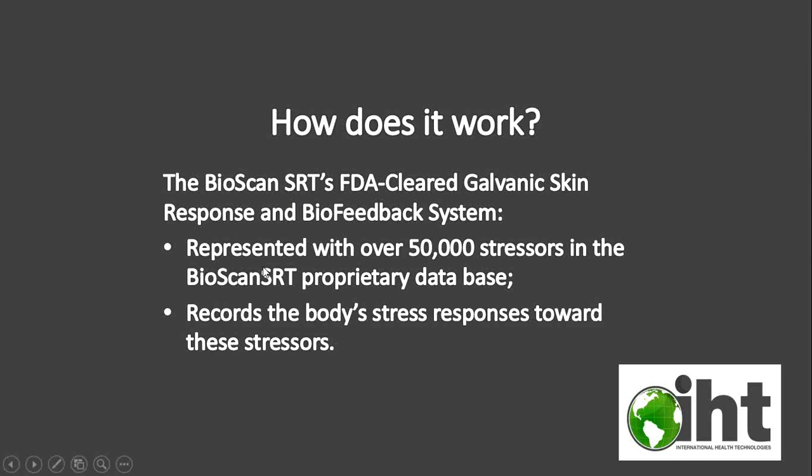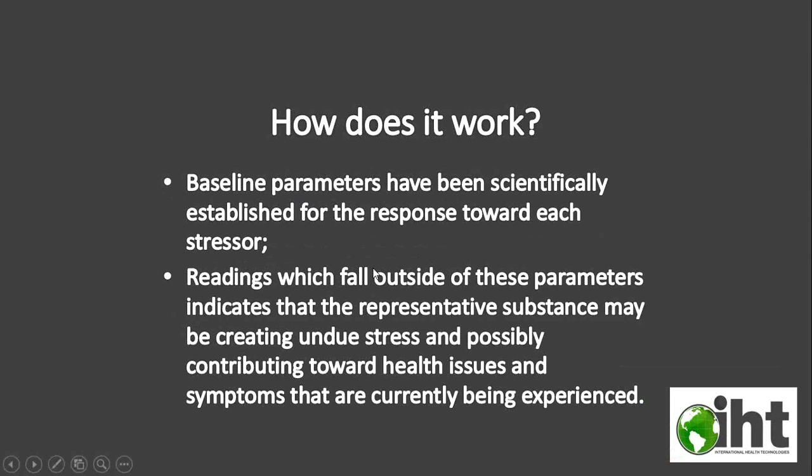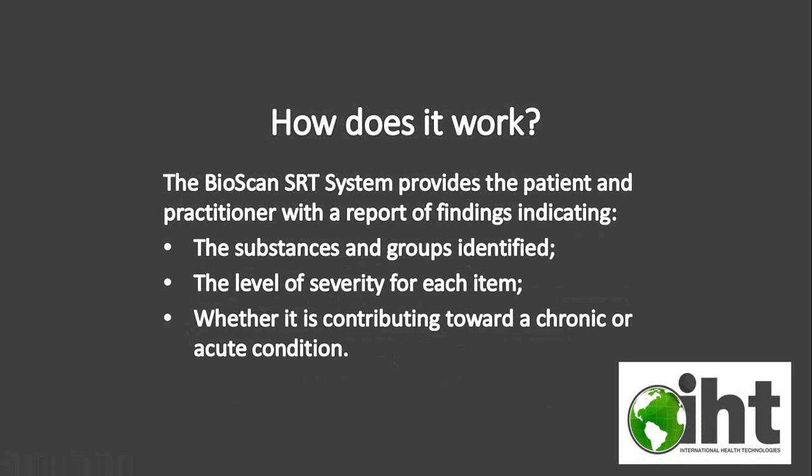We also record the body's stress responses towards those stressors. Baseline parameters have been scientifically established for the response towards each stressor. Readings which fall outside of these parameters may indicate that the representative substance may be creating undue stress and possibly contributing towards health issues and symptoms that are currently being experienced.